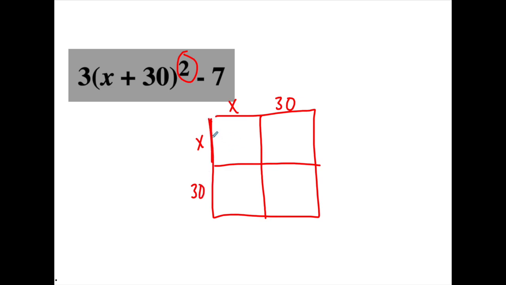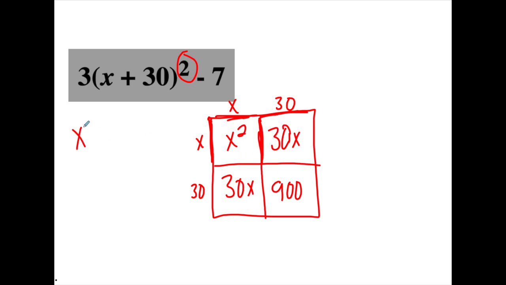So remember, we have x times x, 30 times x, 30 times x, and 30 times 30. So I combine this, and I get x squared plus 60x plus 900.